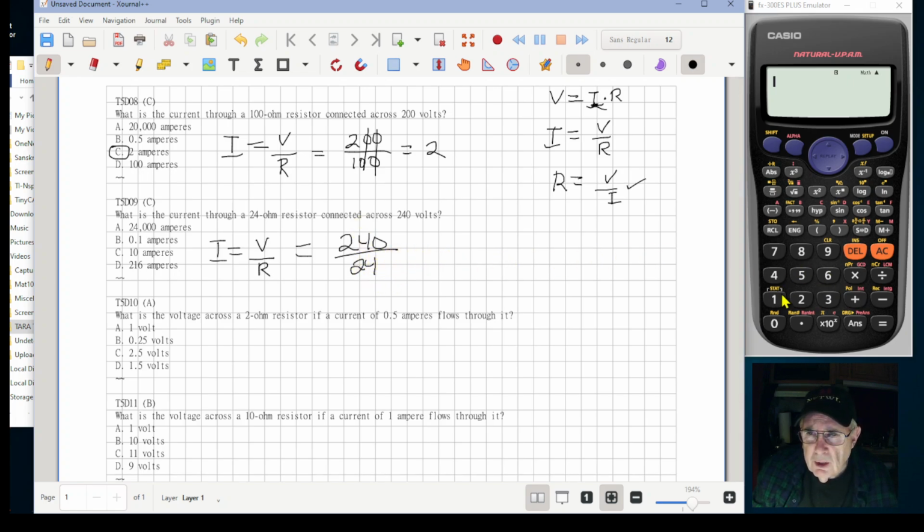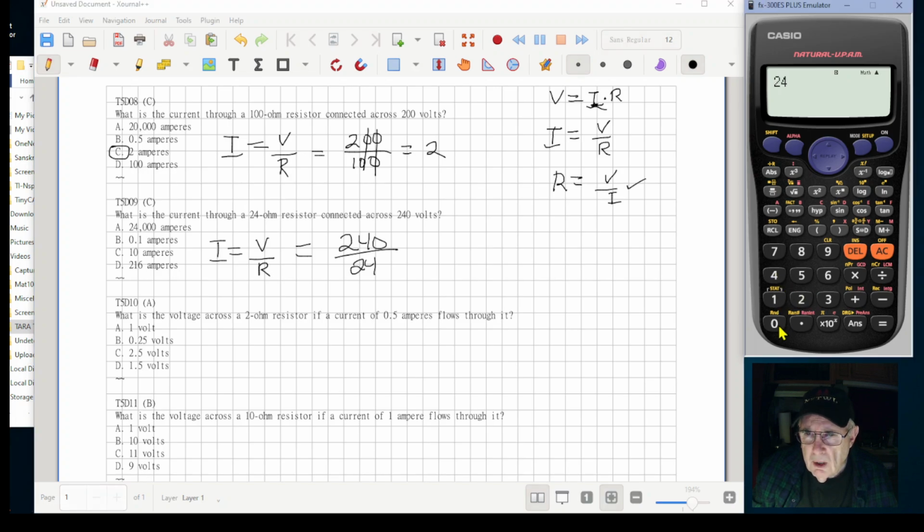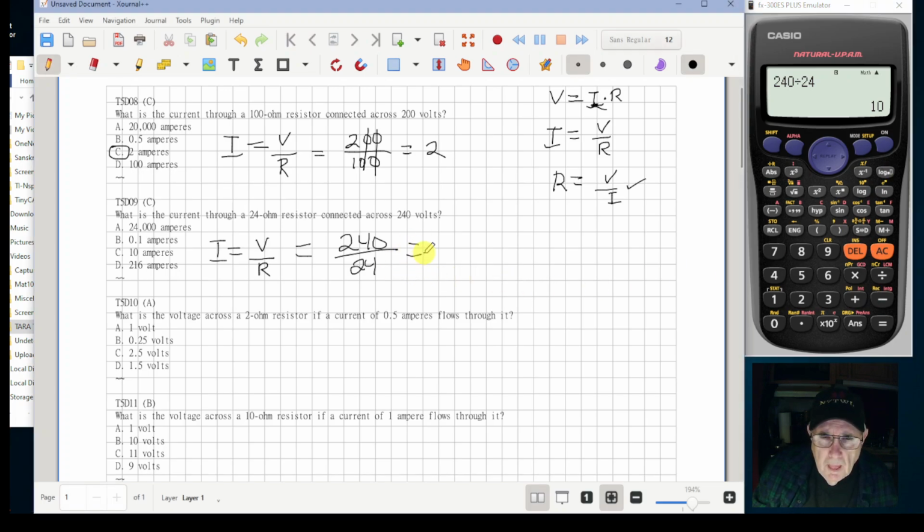And if you're unsure of your arithmetic, even if it's fall-down simple and you can answer it in your head every time, remember that taking a test creates some stress. It doesn't hurt to check your answers. 240 divided by 24, and yeah, we get 10. That way you're absolutely 100% positive of the right answer, and that's one of our choices.